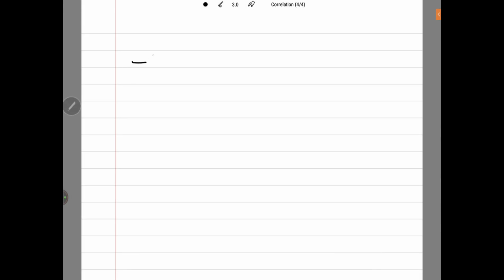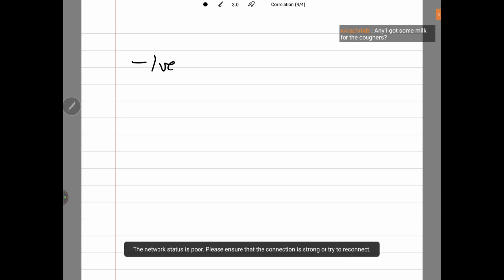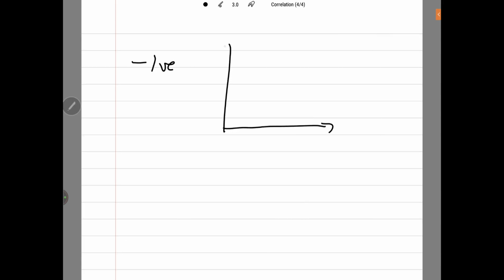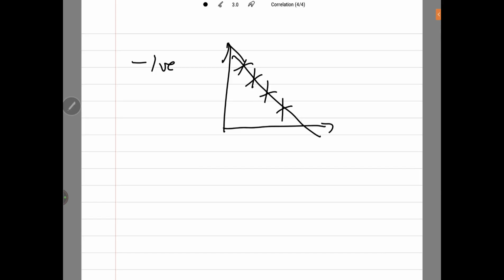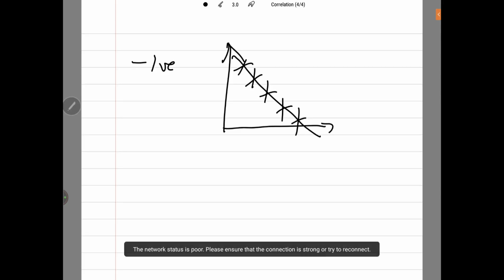-1 would look like that. Again, perfect line of best fit.